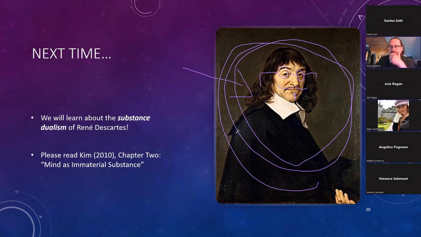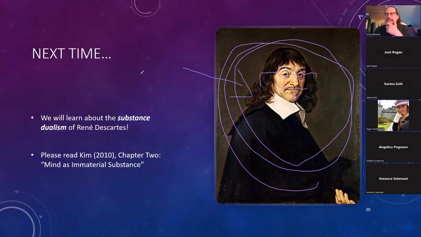Savina, go ahead. Yeah, I just had a question regarding the quiz itself. I know you've mentioned in the first class that it's mostly the paragraphs we have to write in our own words in like more than 3 sentences, if I'm not mistaken. Yeah. So, format-wise, it's going to be a mix of multiple choice and short answers.